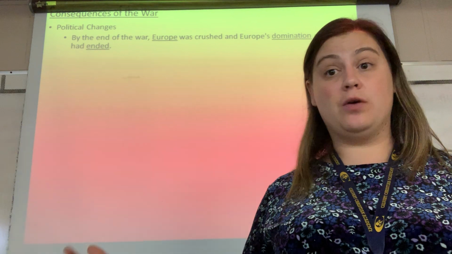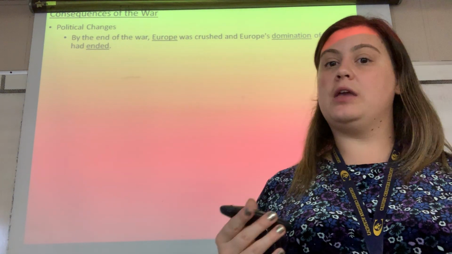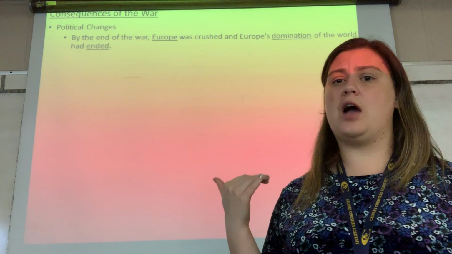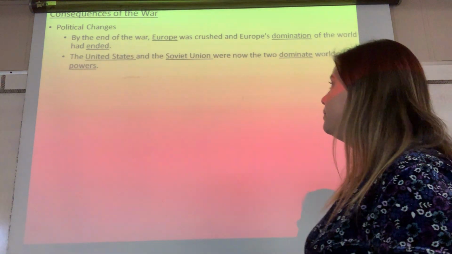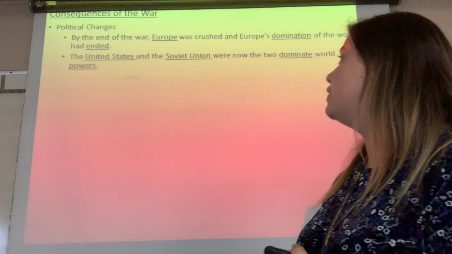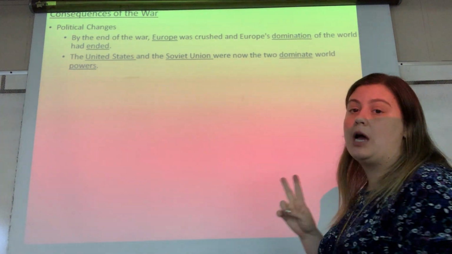They had to rebuild. And countries like Germany that were on the losing side were really in a bad place. So Europe was not really the leading area of the world anymore. But instead, the United States and the Soviet Union, or Russia, were now the two dominant powers.